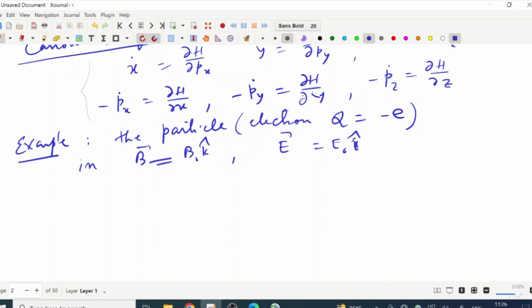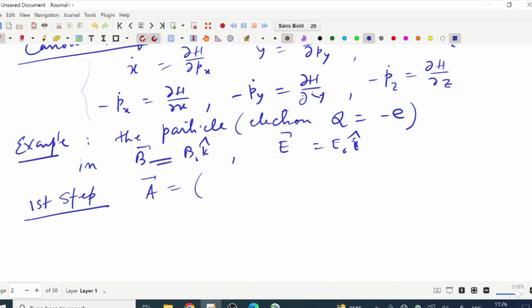So, first step, you have to find the potential, because the Hamiltonian and Lagrangian are in terms of potential. So, first we will find the potential, and we have seen in previous classes that for a uniform magnetic field along k direction, it can have infinitely many potentials.